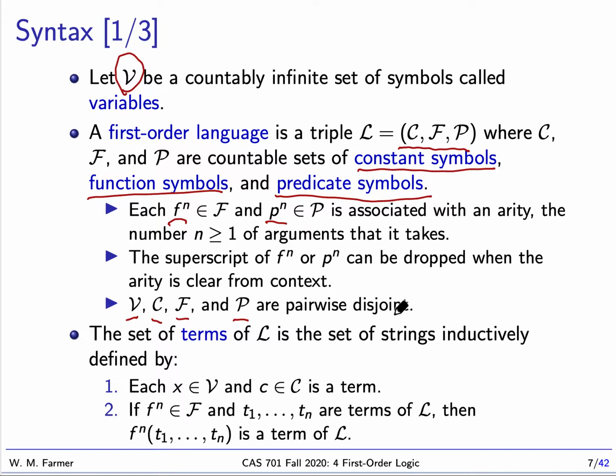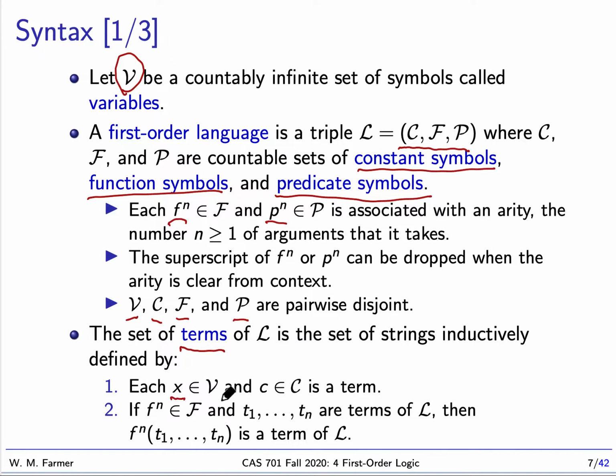And now we can define the first category of syntactic objects, terms. So a term is a set of strings inductively defined by the following rules.